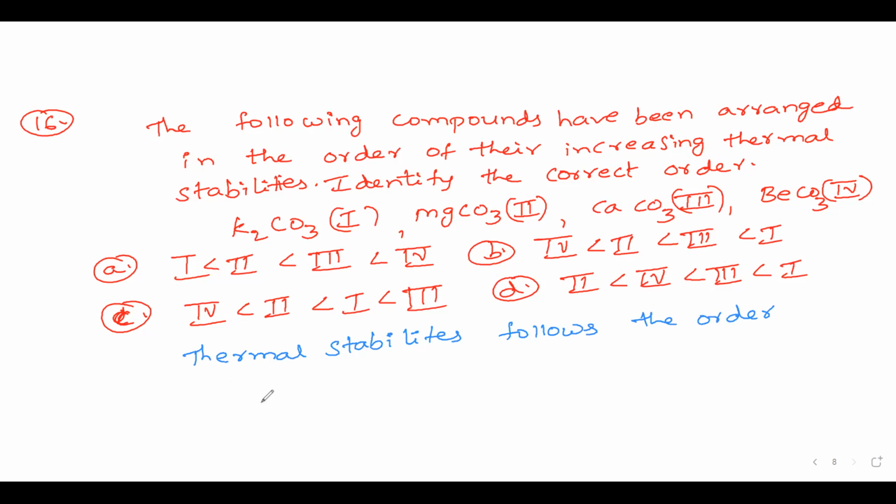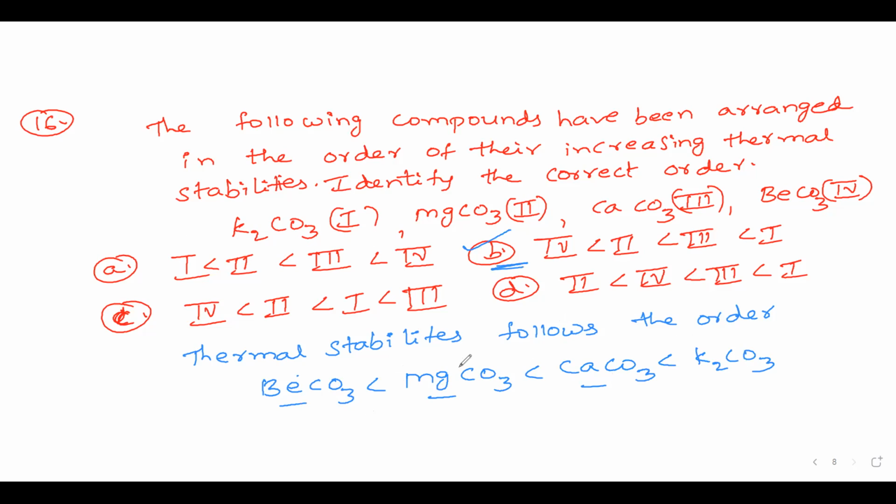So first you have barium carbonate is less than magnesium carbonate is less than calcium carbonate is less than potassium carbonate. See here, they have given potassium carbonate. So the thermal stability increases down the group, and here the answer is decreases down the group. So the answer is first barium, second magnesium, third calcium, fourth one is potassium carbonate. That's what I told. Group comparisons will be done. So the answer is B option.